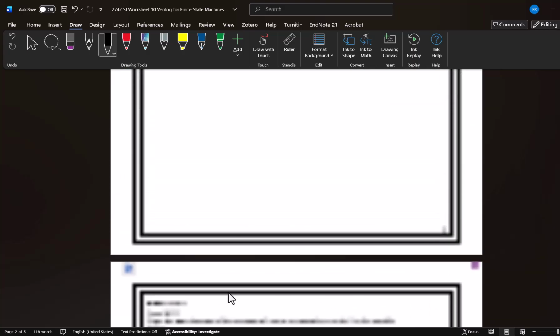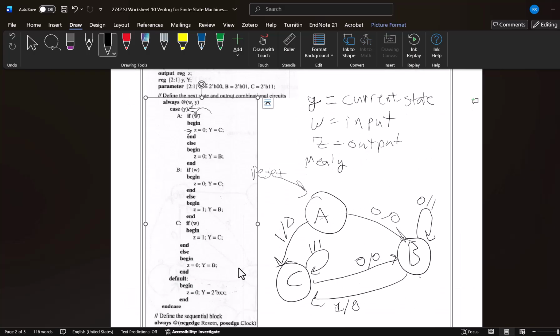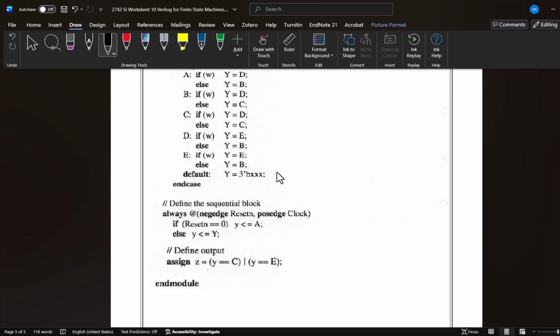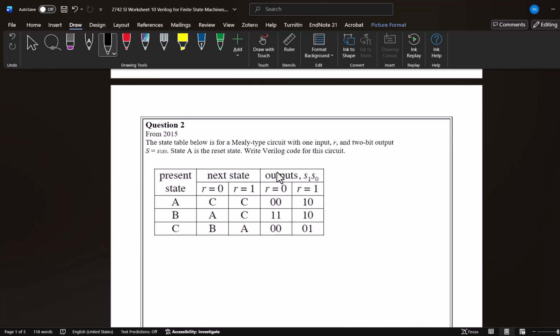Okay, so now let's do the hard one where we have to write the Verilog code. It says it's a Mealy type circuit.